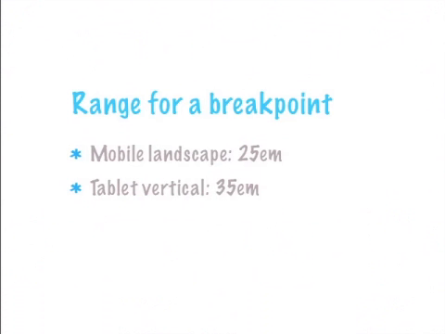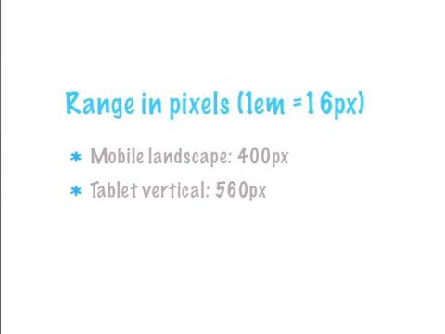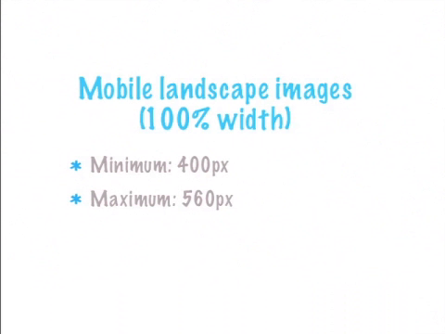So let's say that you set a mobile landscape breakpoint at 25 ems, and your next breakpoint is tablet vertical at 35 ems. Most devices use 16 pixels per em as the base font size. So that translates to the first breakpoint being 25 ems times 16 pixels, or 400 pixels, and the second breakpoint at 560 pixels.